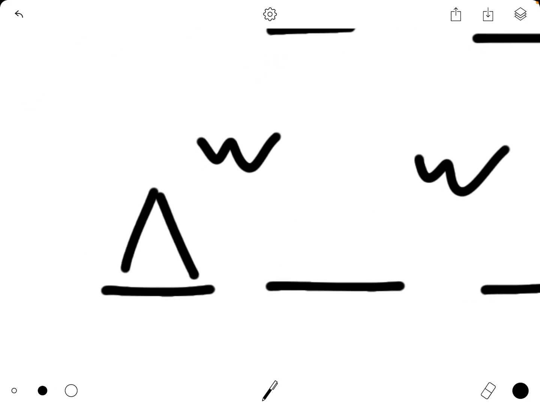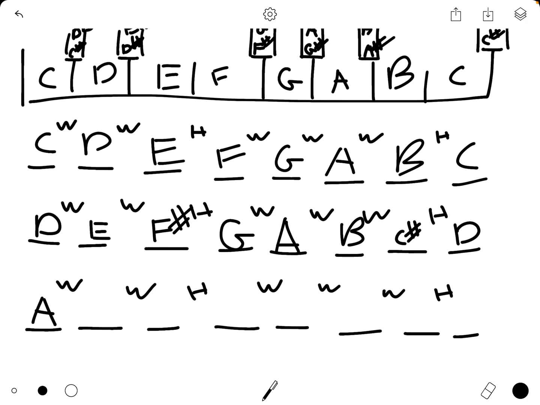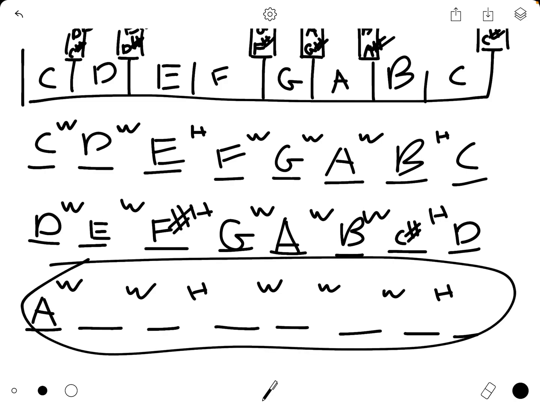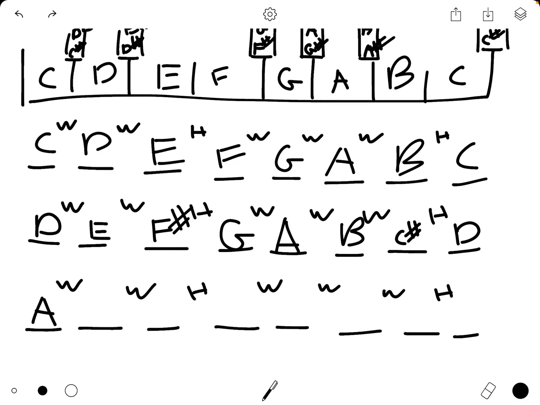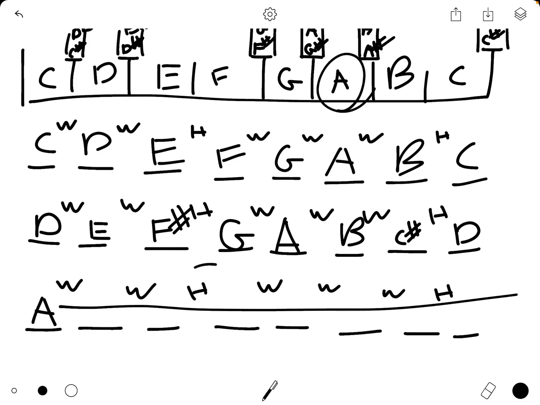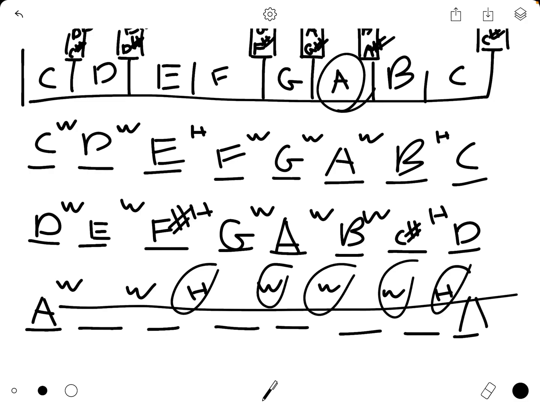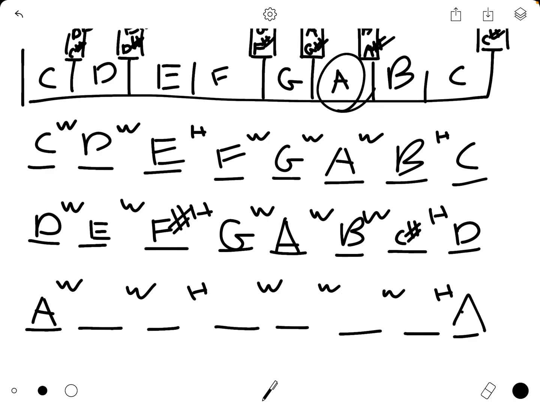And then right here, I would like for you to draw an A. And then I would like you to pause the video right now and try your best to fill in all of the notes in our A major scale. Start from the A, go up by a whole step, and then whole step, and then half step, whole, whole, whole, half. And you should land back up on an A right there. So if you want to fill that in right there, you can. Please pause the video right now and then come back when you are done.